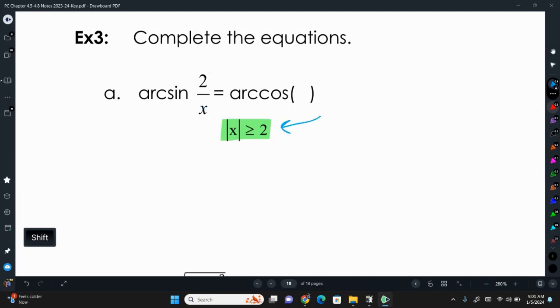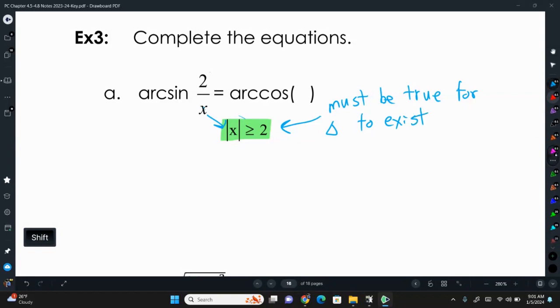Well, if our x value was not greater than 2, then that would be smaller than the opposite side, and we can't have that. So this must be true for a triangle to exist.